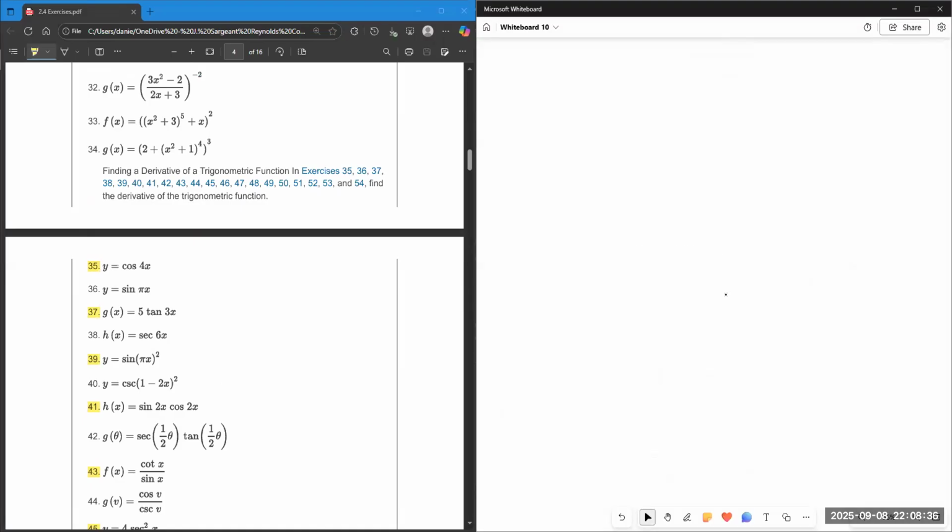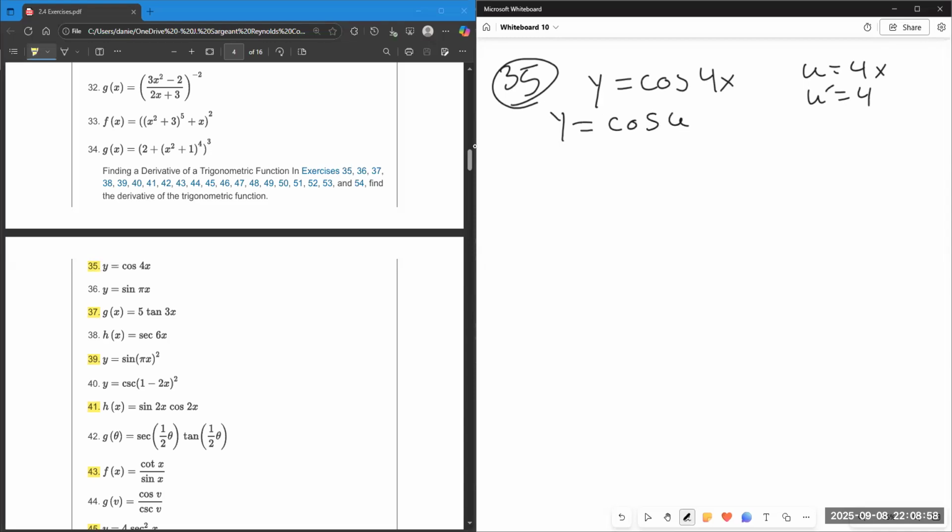And we're going to use this chain rule with trig functions now. So 35 says y is equal to cosine of 4x. So my inner function u is 4x. u prime is 4. y will be cosine of u.